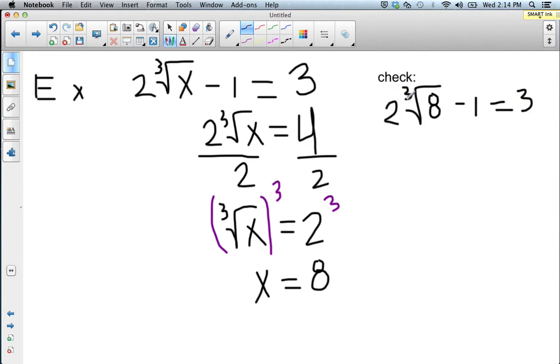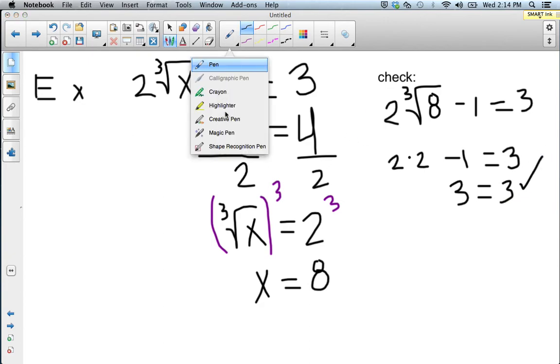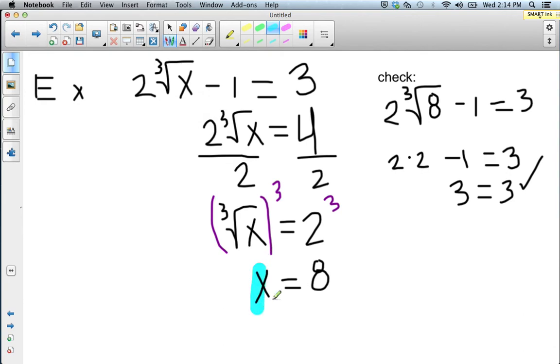So first, cube root of 8. What's the cube root of 8? Positive 2. So we have 2 times 2 minus 1 equals 3. 2 times 2 is 4, and 4 minus 1 is 3. So there we go. 3 equals 3. Check. It works. It's a solution. Bam.